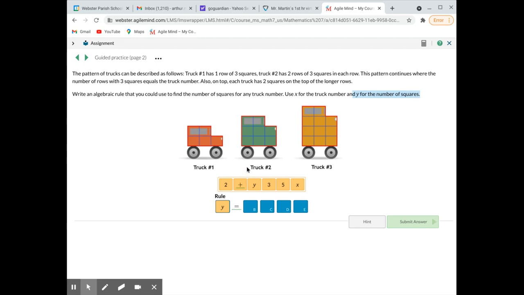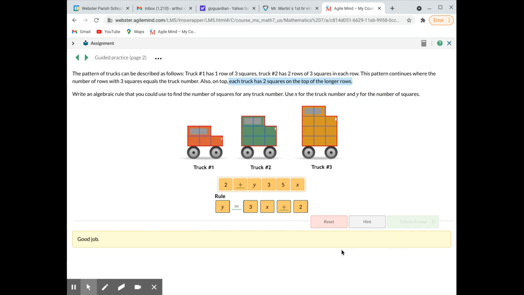So we would do through what? I don't want to tell you the answer. 3. Good. All right. Times what? X. Then what? Plus 2. And why are we adding 2? Because of the windows. Yeah. Each truck has 2 squares on the top, right? So that's going to work out perfect.